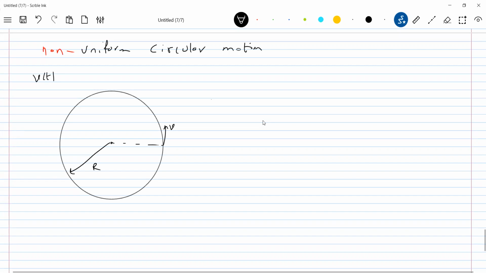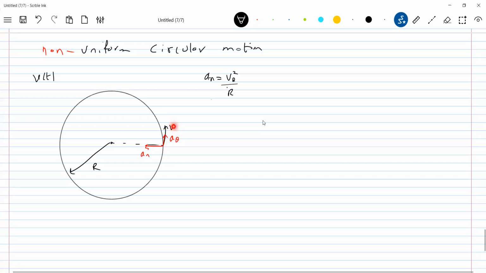Then what about the accelerations? It is going to have two accelerations: one centripetal, another tangential. So what is the tangential? Tangential is purely due to... if I'm writing v theta, no, let it write v theta by r.